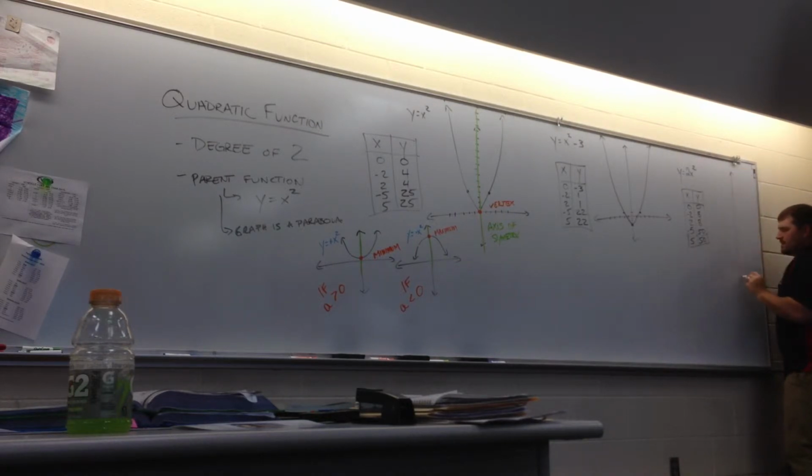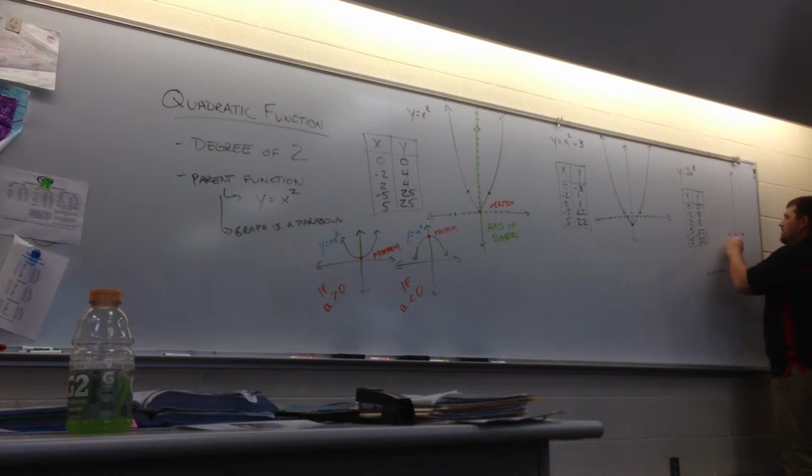So when I graph this, I've got 0, 0, negative 2, 8, positive 2, 8, and then way up there it would be 50. Okay, 5, 50, and negative 5, 50.